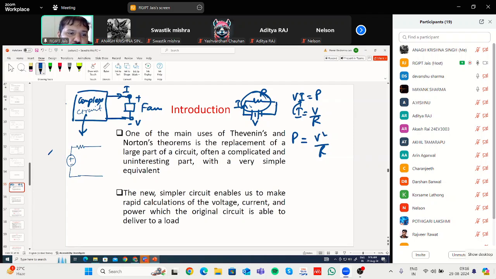So this complex circuit will be represented like this, and the outside thing will be there. That means here you are connecting your fan. So this is a voltage source, you don't know what that is. That will be given by Thevenin's theorem, VTH and RTH. So this is a Thevenin's equivalent circuit.